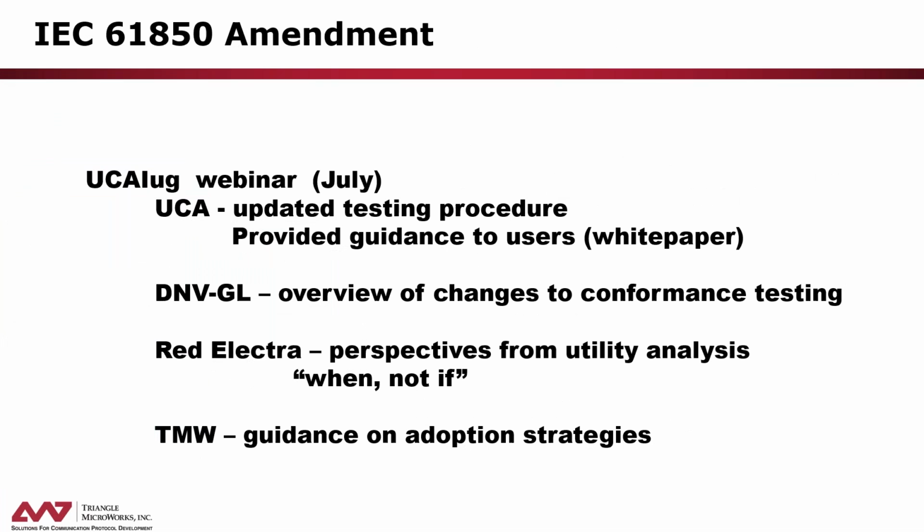Today's webinar is following up on one we participated in July on behalf of UCA International Users Group. When 61850 Edition 2 was published, approximately 2010, so quite a while now, that was a pretty major jump from Edition 1 to Edition 2, and there were a few backwards compatibility issues that caused a lot of uncertainty in the market and delayed a lot of adoption of those new features.